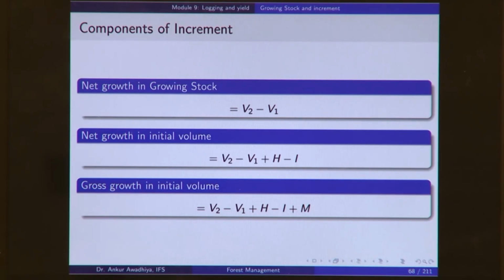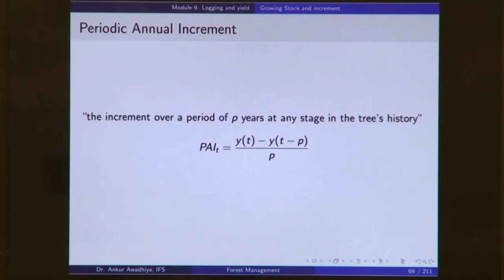Now, this increment is typically measured in terms of periodic annual increment, or current annual increment, or mean annual increment. The periodic annual increment is the increment over a period of p years at any stage in the tree's history.